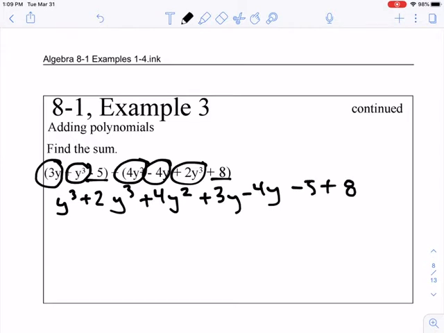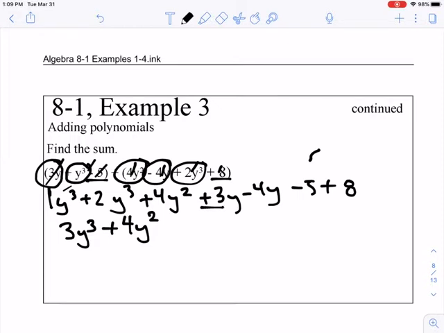I have everything written together, and I've got 1, 2, 3, 4, 5, 6, 7 terms, and 1, 2, 3, 4, 5, 6, 7 terms over here. So we're ready to go. Y cubed plus 2y cubed is going to be 3y cubed, because think of this as having a coefficient of 1. There is nothing to add to 4y squared, so that just stays how it is.